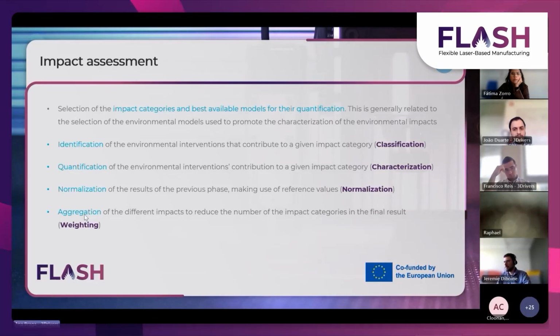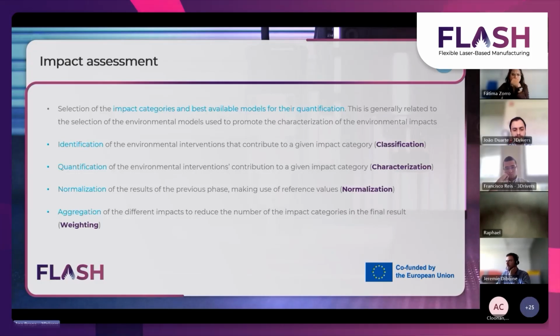And finally, we have the aggregation, that is the different impacts to reduce the number of the impact categories in the final results. So for these midpoint impact categories, that is a big list, the software will calculate and attribute according to the characterization factors and so on.